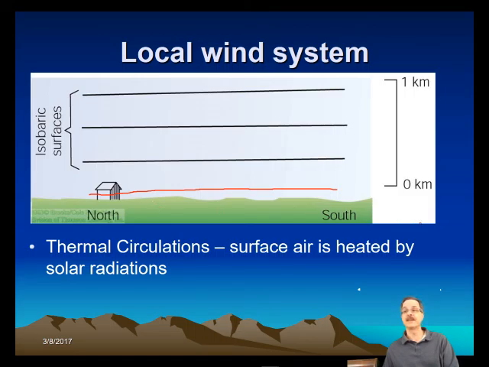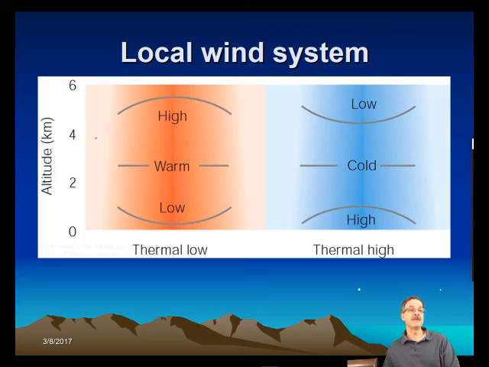If part of the surface absorbs more energy, you're going to create a thermal low. The warm air rises, so we get a low on the surface, and then we get a high some distance above it in altitude.